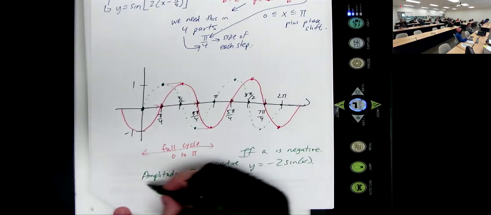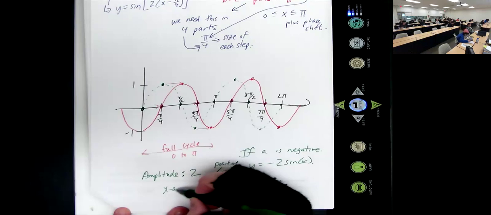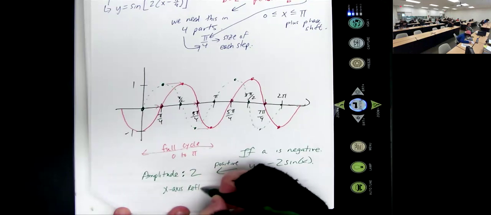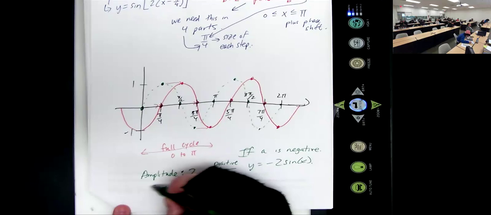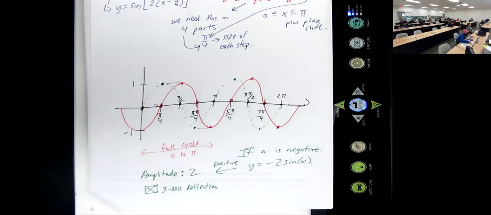Then there's a little box that says x-axis reflection. That's where you check mark that. That'll do the flip, make it negative.